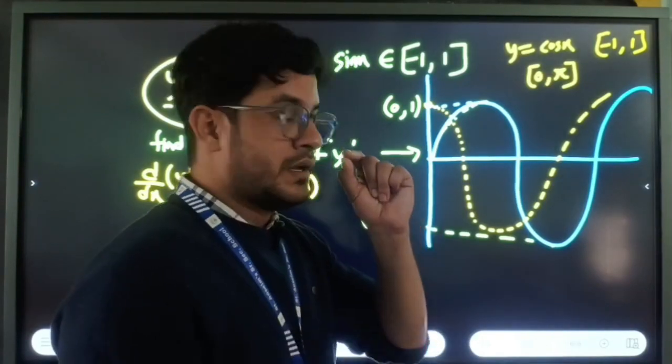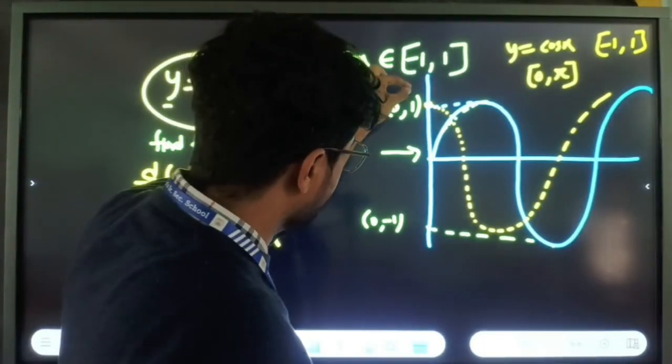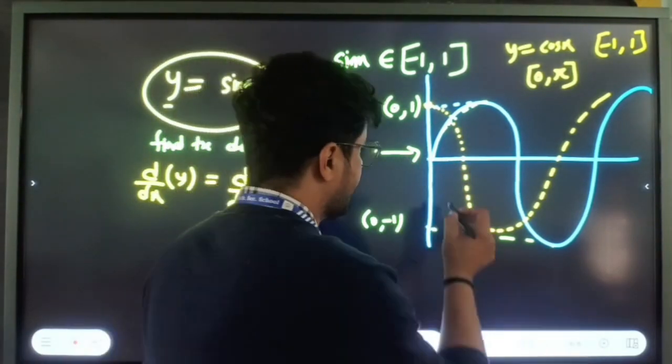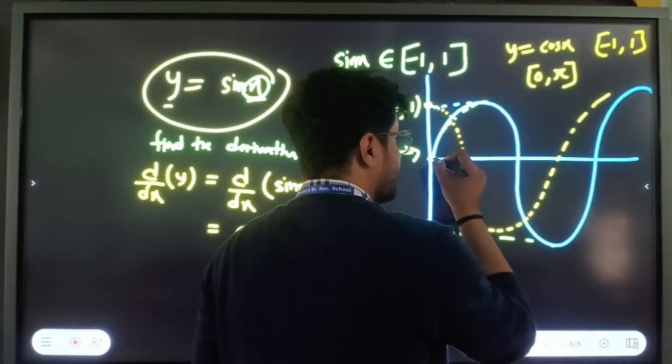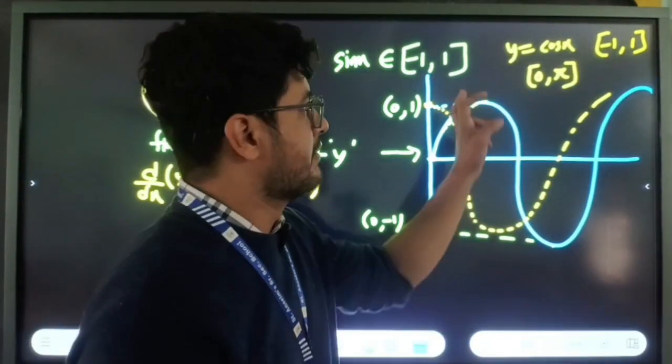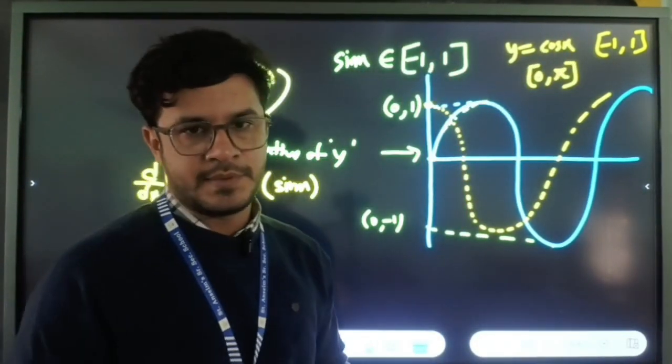So the value of cos started from 1 and the value of sin started from 0. That's why the graph of sin x starts from 0 and the graph of cos x starts from 1. But the ranges are the same, -1 to +1. Alright.